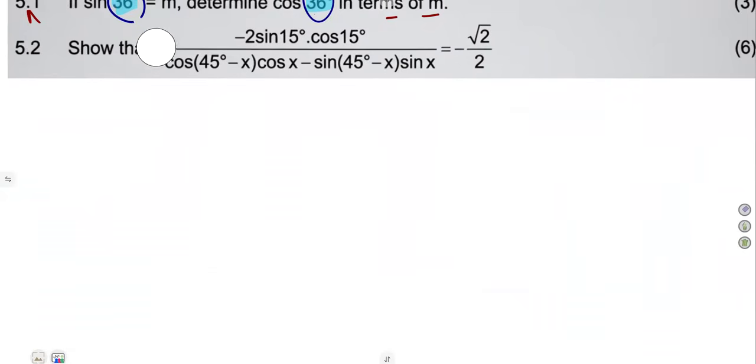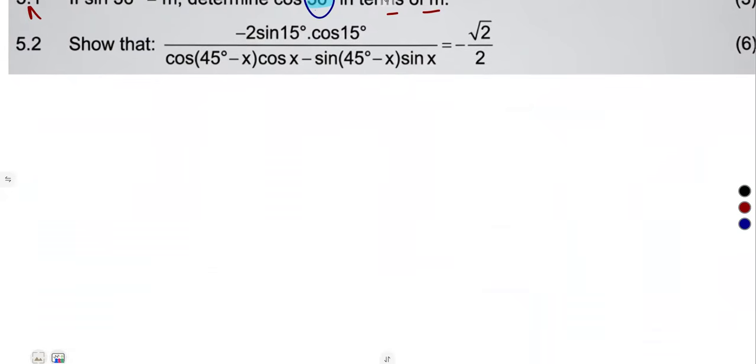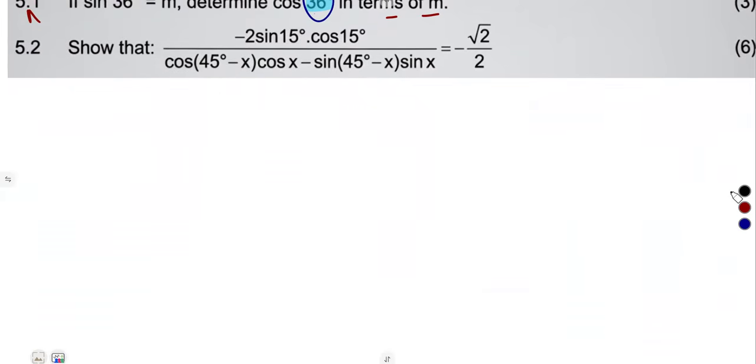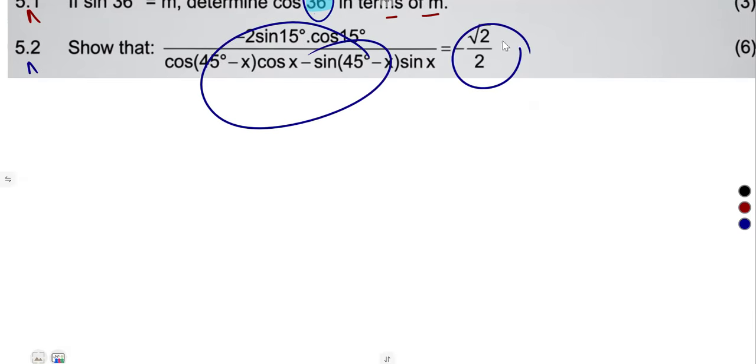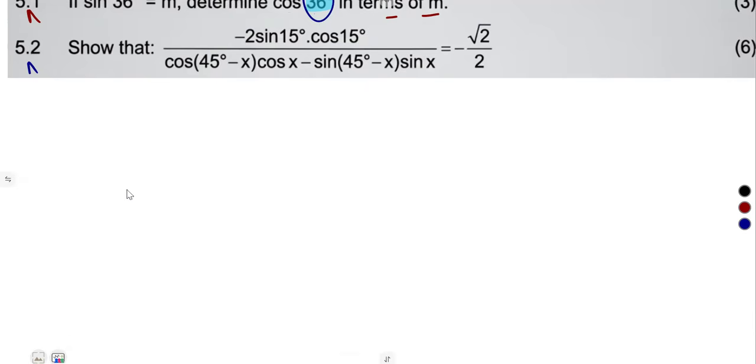If we understand every basic here, it is going to be easier to attempt this question. Okay, everything is visible here. I'm not going to rewrite it, but we are asked to show that the left-hand side must be equal to the right-hand side. So you are going to take your left-hand side.